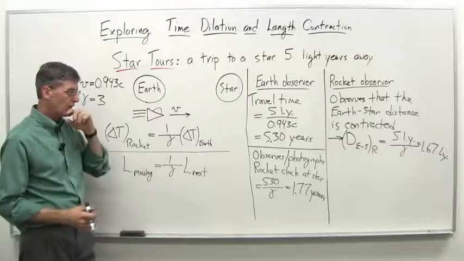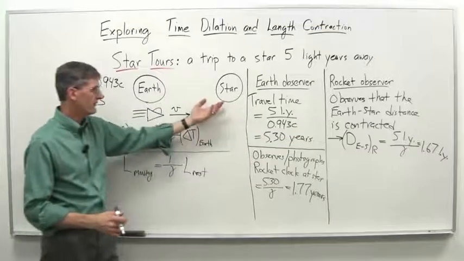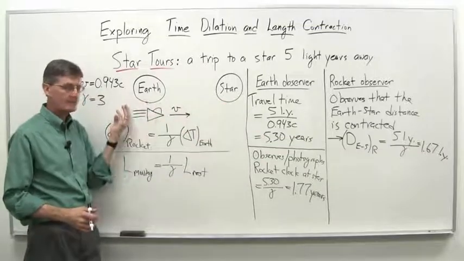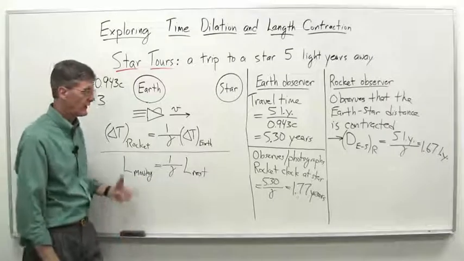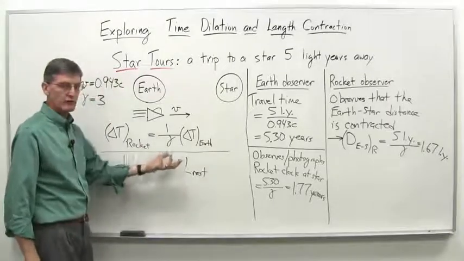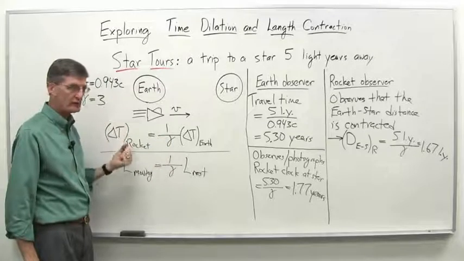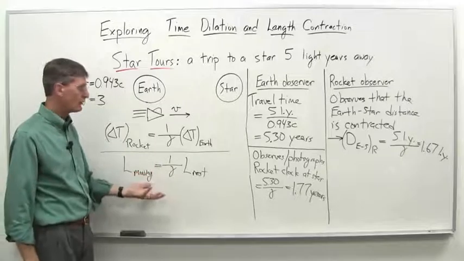So from Bob's perspective then, from his frame of reference, he sees the distance that the star has to travel to get to him as 1.67 light years, because it's contracted by the factor of gamma. And how long does the star travel toward him until it reaches him? Well, it's the time on his clock, 1.77 years.